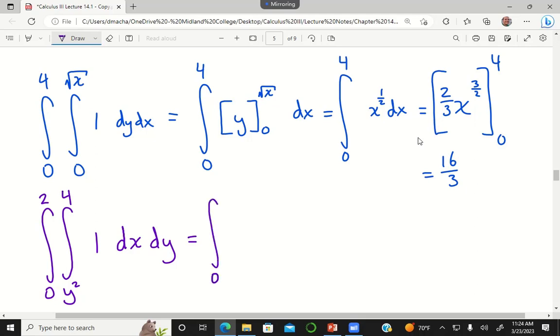Then this would be the integral from 0 to 2 of x, because the antiderivative of 1 with respect to x is just x. I'm going to evaluate that at 4 and at y squared. So that's going to be the integral from 0 to 2 of 4 minus y squared. Oh, that should be dy.